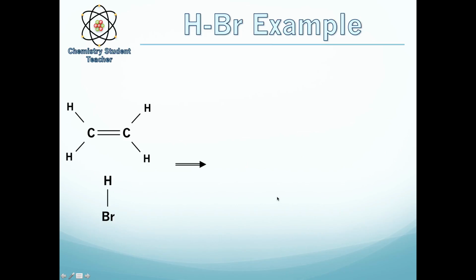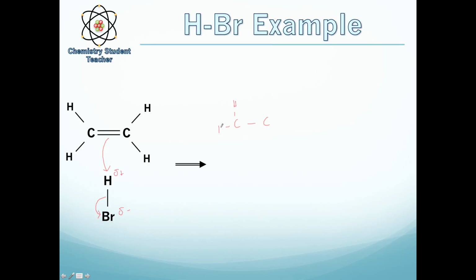If we take a real-life example with HBr, bromine is a lot more electronegative than hydrogen because of the charge density in the nucleus and things like that. So what happens is this double bond breaks as the hydrogen is delta positive, and the electrons go to the delta negative atom, which forms the intermediate of a carbon-carbon single bond.